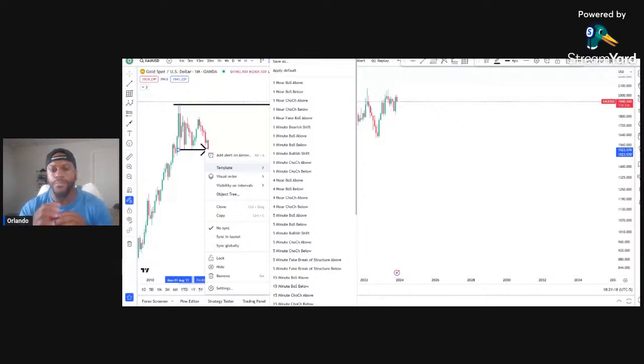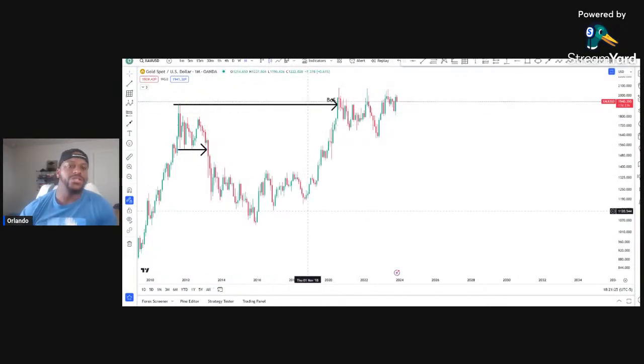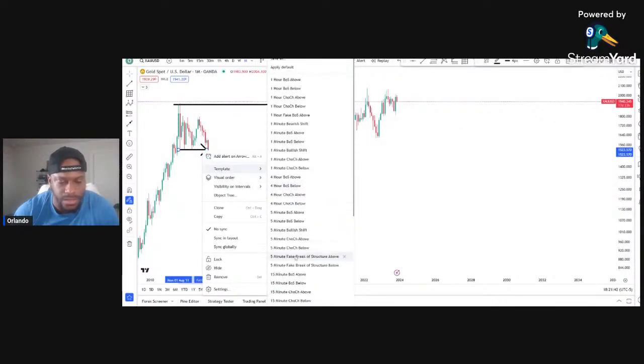These are our points of interest, our areas where we want to take trades from. If you're taking any other trade that's not an imbalanced, unmitigated supply or demand zone that has either broken structure or caused a change of character, more than likely you're going to take a loss on your trade. So this right here is a monthly change of character.